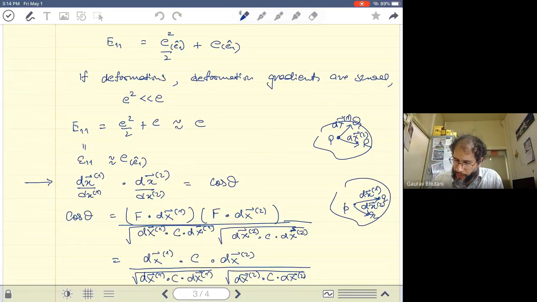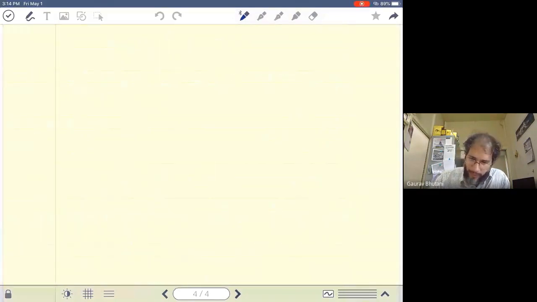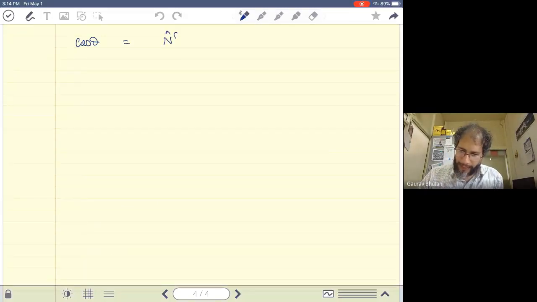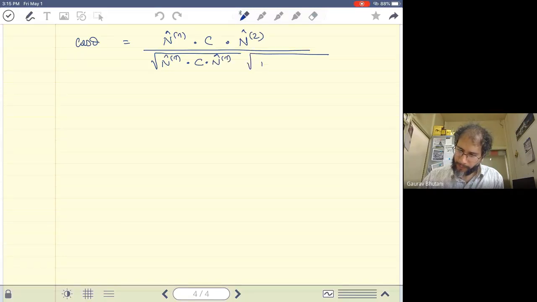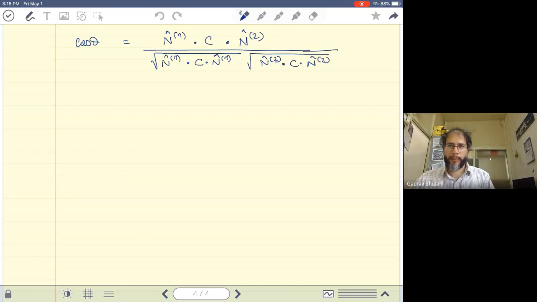So now if we divide the numerator and denominator by d capital X1 and d capital X2 magnitude, so what we get is, so cos theta equals N1 times C times N2, right?